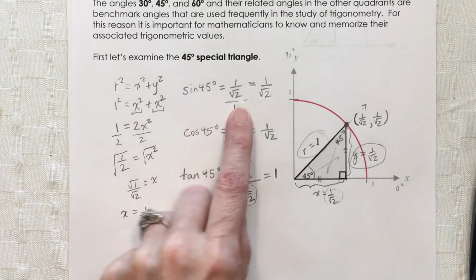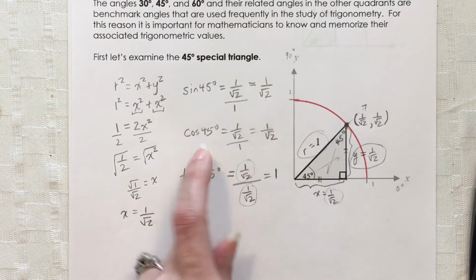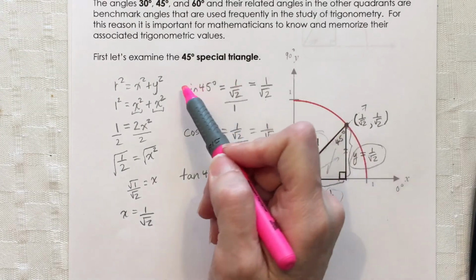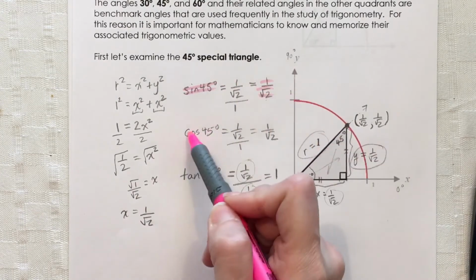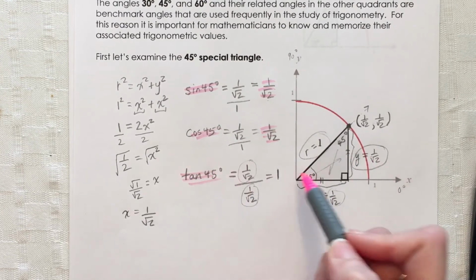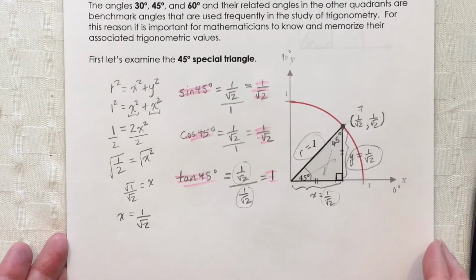So the sine of 45 degrees is exactly 1 over the square root of 2. The cos of 45 degrees is exactly 1 over the square root of 2, and the tangent of 45 degrees is exactly 1. Okay, so that's our first special triangle, the 45-degree triangle.